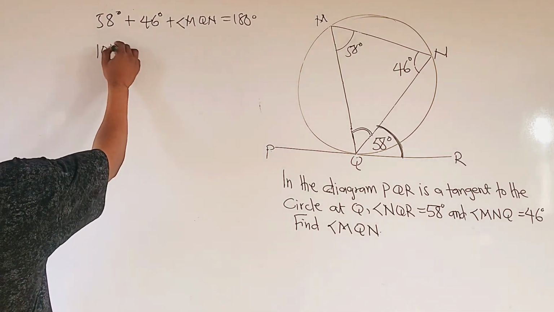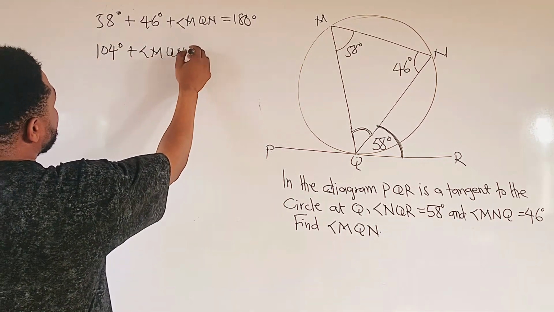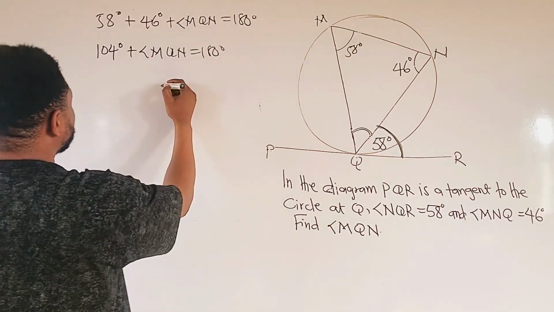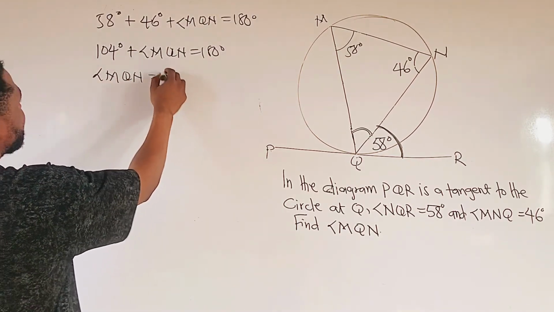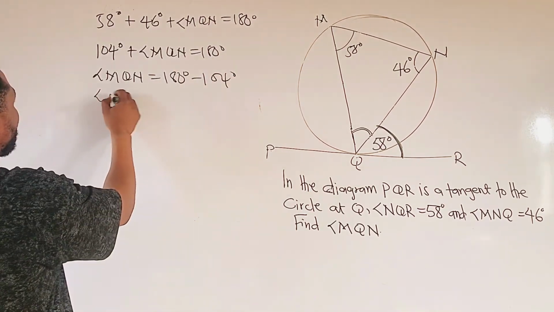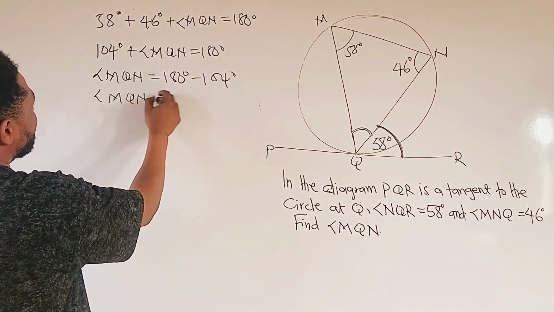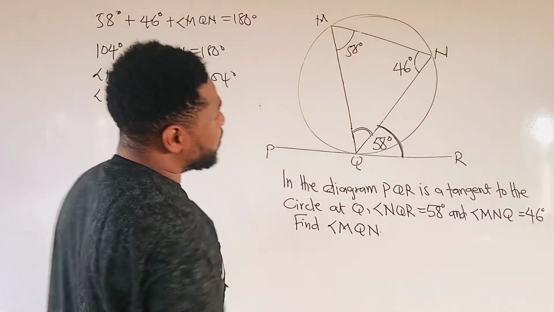So here we are going to have 104 plus angle MQN equal to 180. Therefore, angle MQN is going to be 180 minus 104, which is 76 degrees. So this is how we can solve this question.